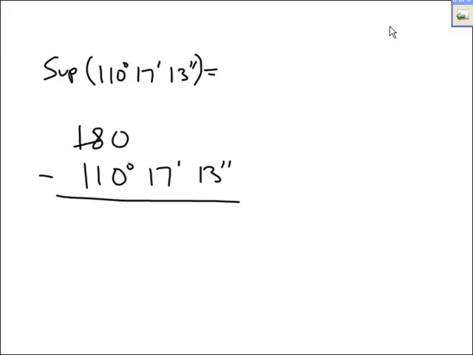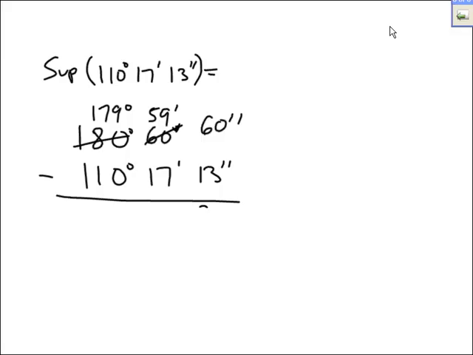So you can make this 179 degrees and 60 minutes. And then if you borrow 60 minutes, so it becomes 59 minutes and 60 seconds. And you subtract 60 minus 13.